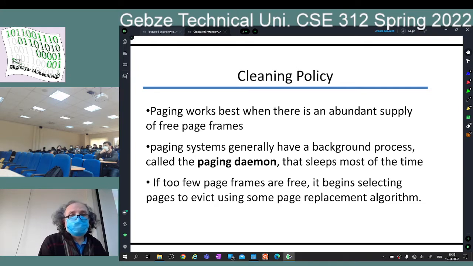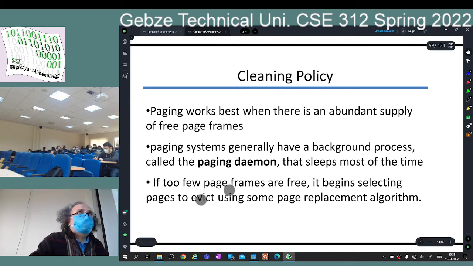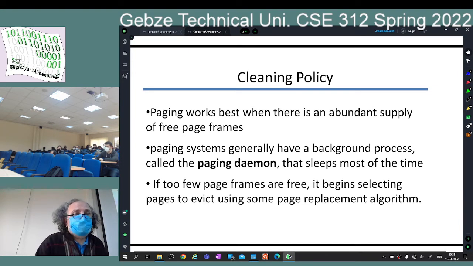Okay. So that I showed you many times with the Unix implementation or the Windows implementation. This is the algorithm we are doing actually. If two page frames are free, of course, it begins selecting pages to replace, evict, using some page replacement algorithm. But again, if you have too few pages available or free, that means that you are running into problems. You will most probably be thrashing.